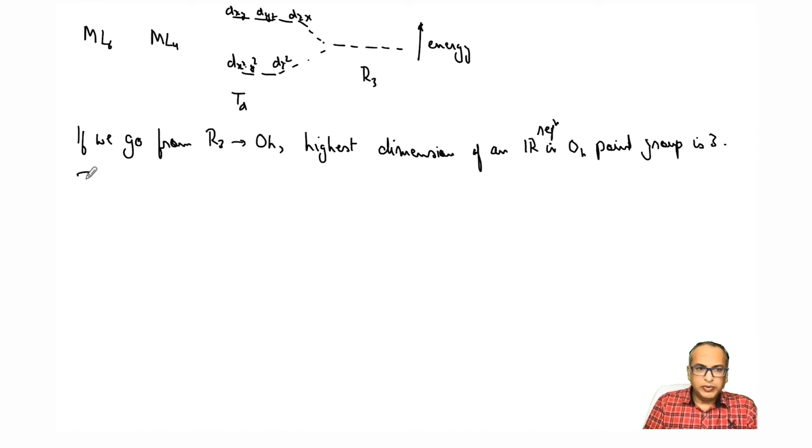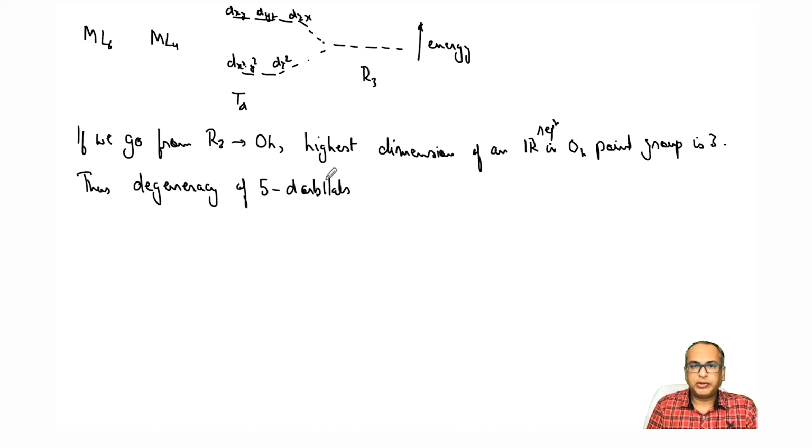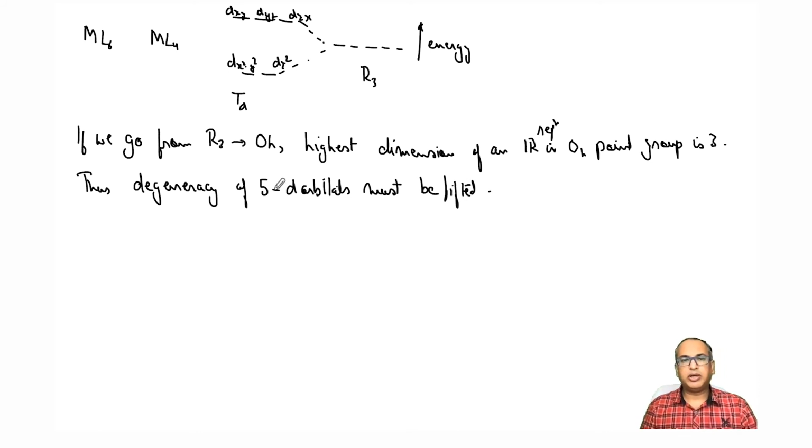So thus we can say the degeneracy of 5 d orbitals must be lifted. That must happen because those 5 orbitals cannot form a basis for an IR representation which has dimension 5. So maximum dimension is 3. So d orbitals can only make a basis for up to a dimension of 3, and that's how it gets broken up into 3 and 2.